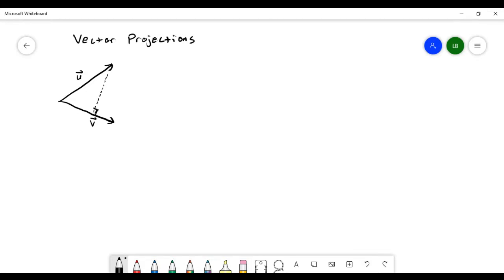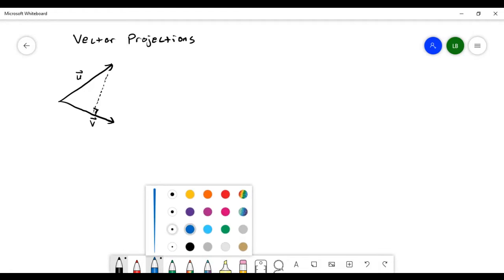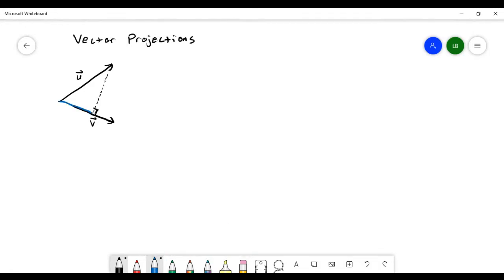Or in other words, you are looking for what is essentially this vector. How much of u is going in the same direction as vector v? This is called the projection of u onto vector v. It's a weird way to write it, but this represents the part of u that is going in the same direction as v.